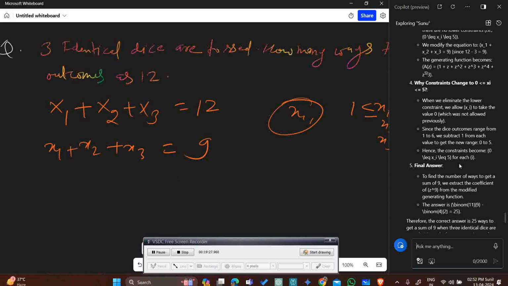Generating function for x1. So yes, alright guys, this is how we do it, and get the new range.